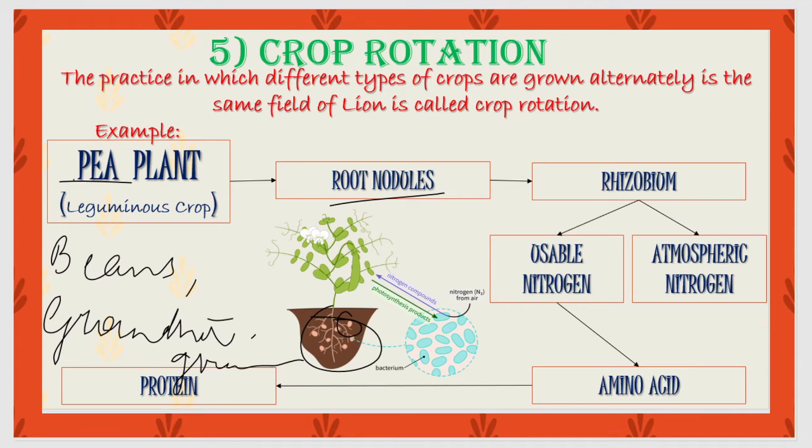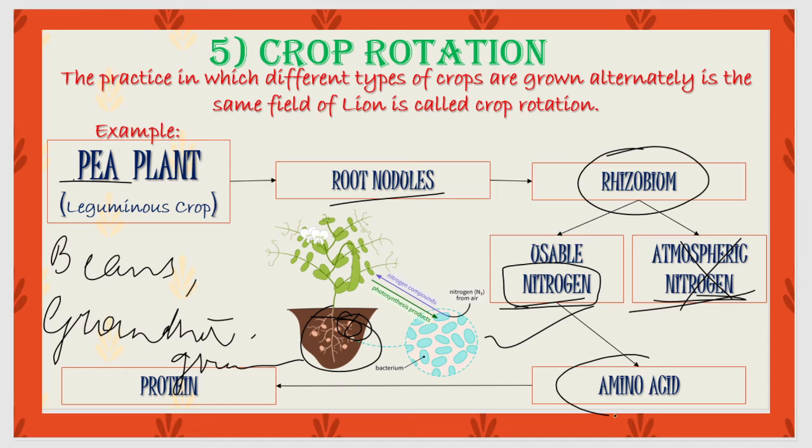These nodules contain rhizobium inside them, which converts atmospheric nitrogen into usable nitrogen. This usable nitrogen is taken from nature, and it is stored inside these root nodules. It converts the nitrogen into amino acids and then into proteins.